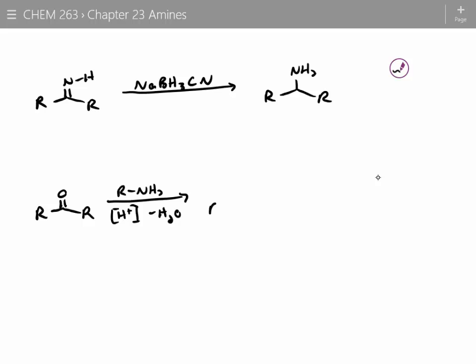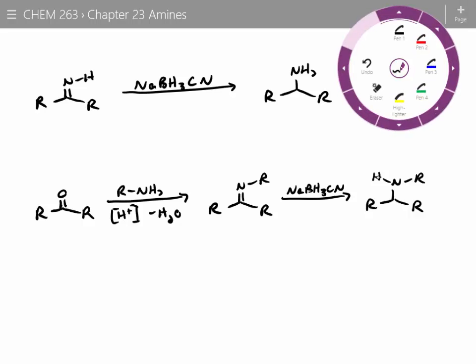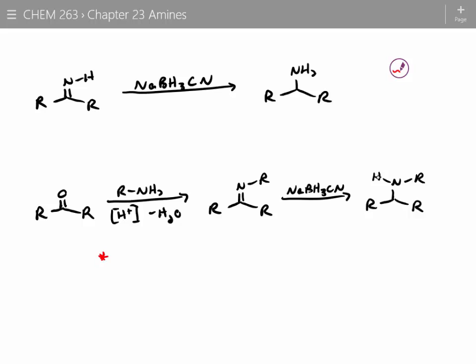Sorry, I'm mixing my notes up. And you can go to your amine by reacting this with sodium cyanoborohydride. This is kind of neat because it can be done in one pot, meaning you don't have to set this up as two separate reactions.